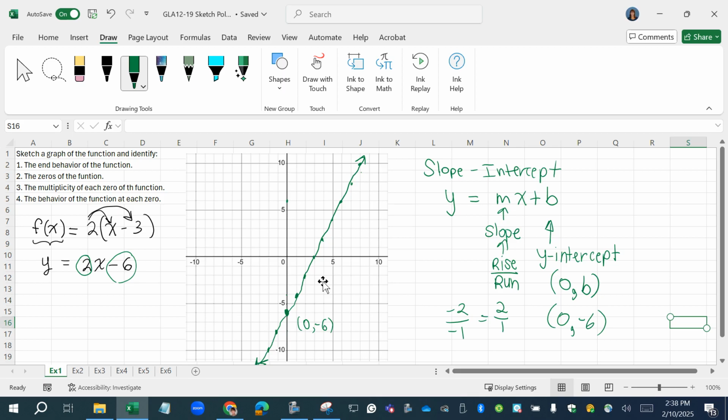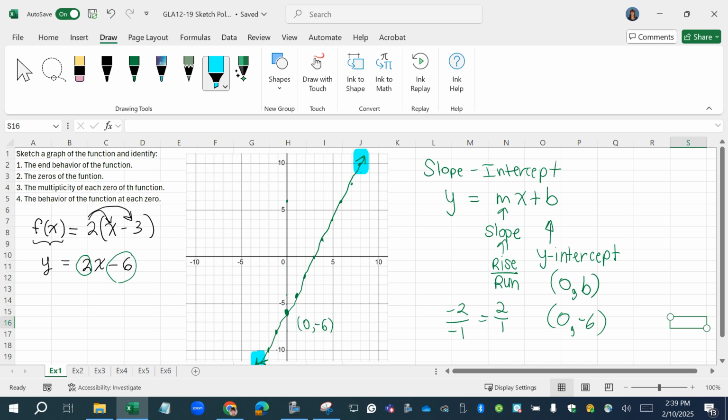Okay, now there's a couple of things I want you to notice here that we're going to be transferring over to our more complex problem. One of the things is the end behavior. So notice that the ends are opposite. We have the left end going down and the right end going up.